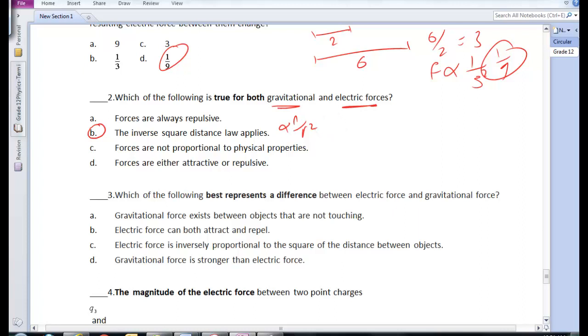But they are different in one particular property, which is that gravitational force is always attractive while electric force could be attractive or repulsive.